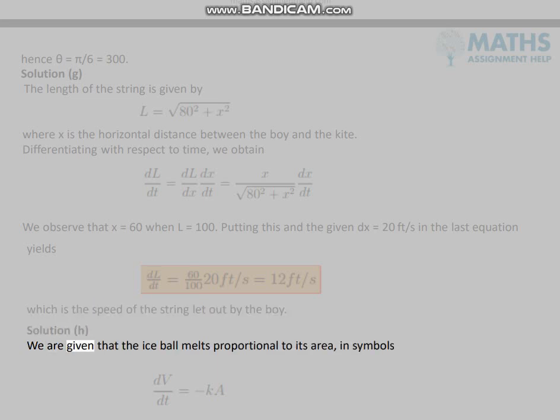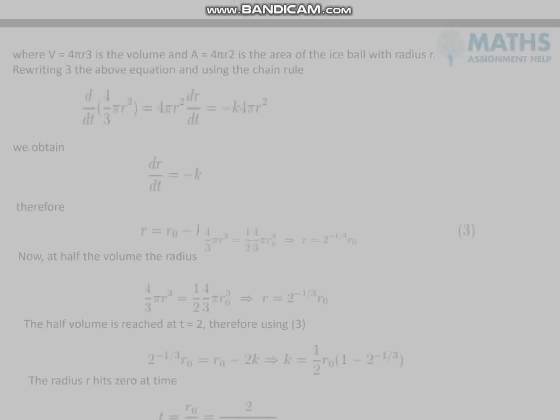Solution H. We are given that the ice ball melts proportional to its area, in symbols... where V equals 4/3 pi r cubed is the volume and A equals 4 pi r squared is the area of the ice ball with radius r.